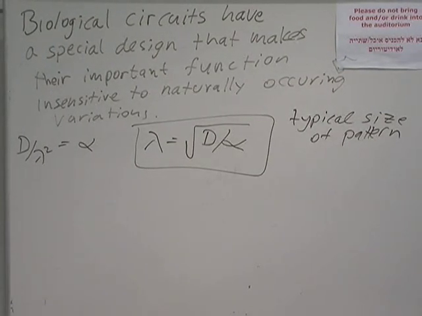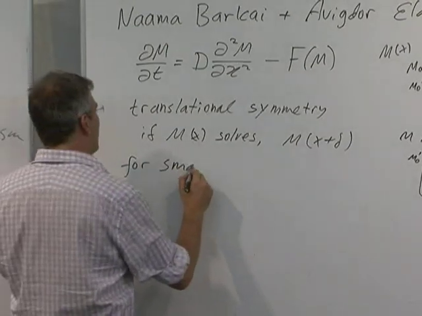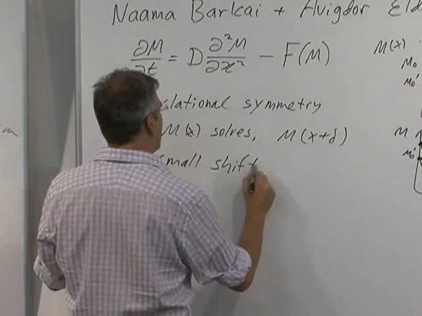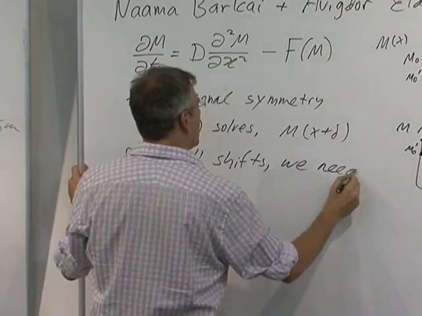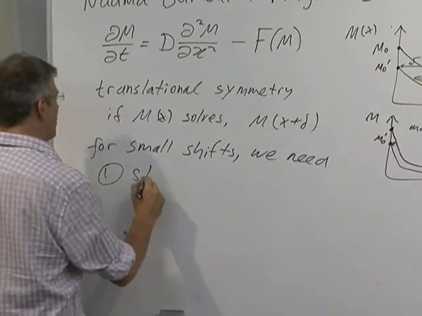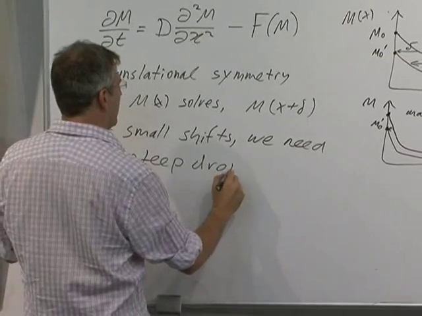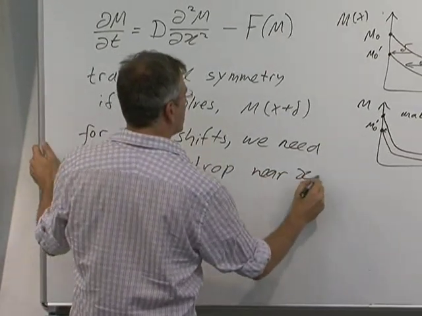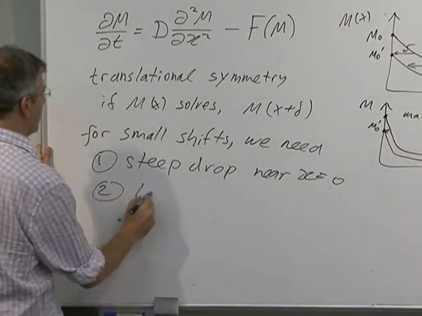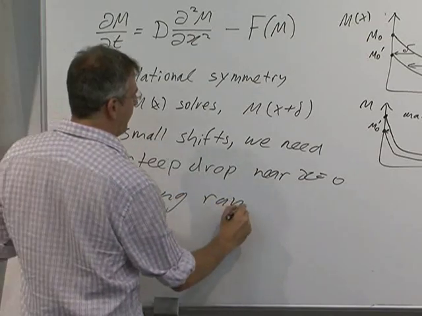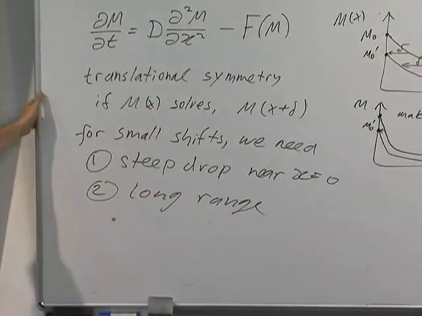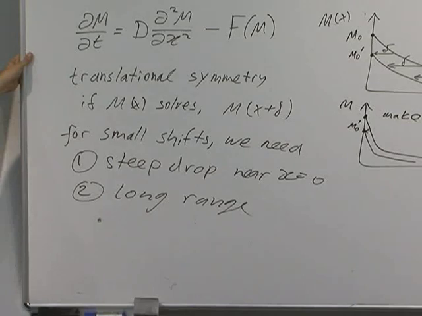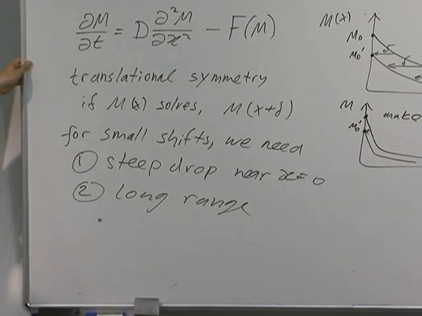So for robustness, we need, one, a steep drop near x equals 0. And two, we need long range, because we want to make a nice big pattern. So how can you get this?